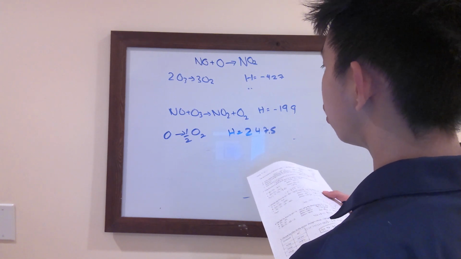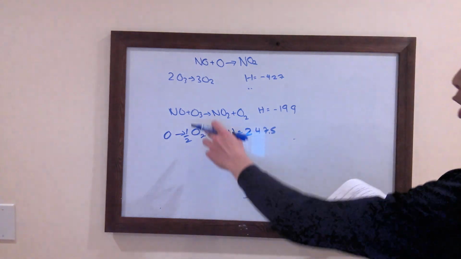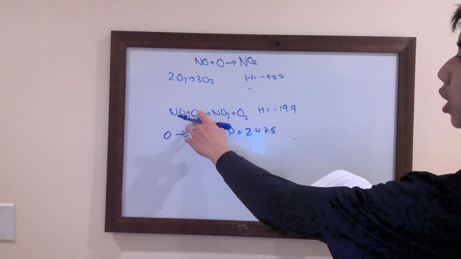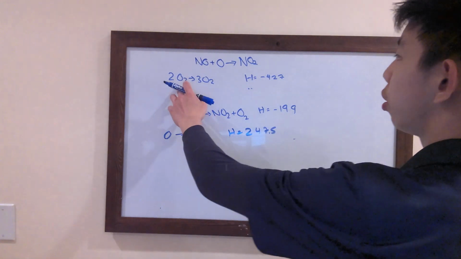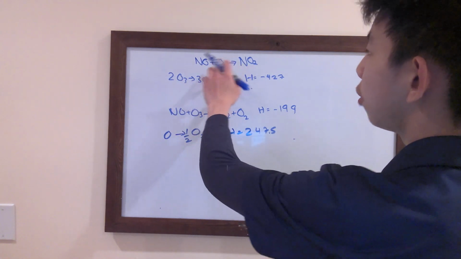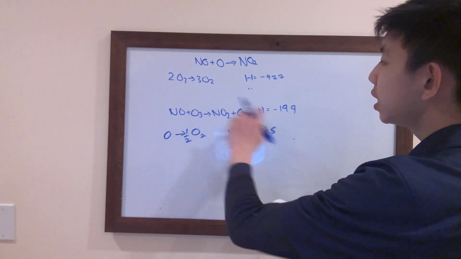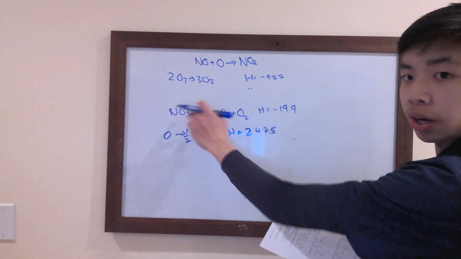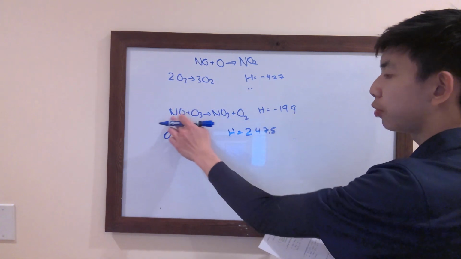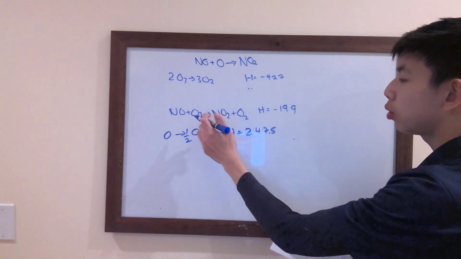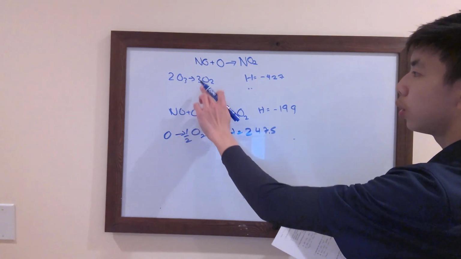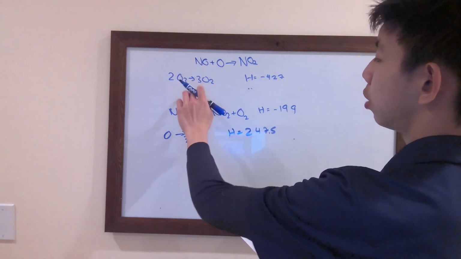There's an O3 right here on the reactant side, and a 2O3 on the reactant side here. In the final equation that we want, there's no O3 anywhere. Since this equation can't be flipped at all, you don't want to manipulate this one because this NO has to stay here. We have to manipulate this one.